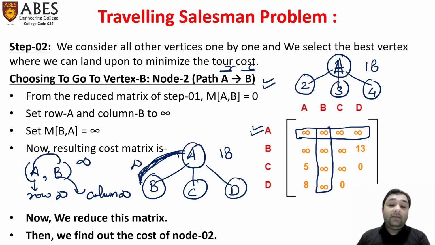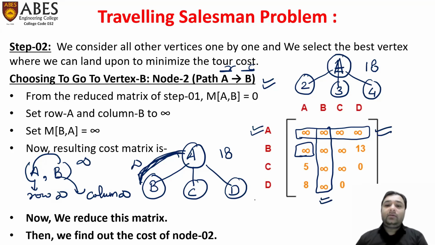Because in TSP we have to visit all cities, then we come back to A. As of now, if we have gone from A to B and then B to A, there is a cycle, and that does not suffice the purpose of the TSP problem. So everything will be infinity in this. We have made the row infinity, the column infinity, then B to A infinity. These are the updates we have done here.